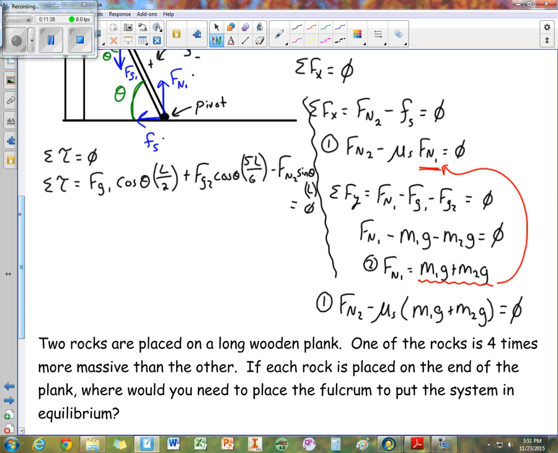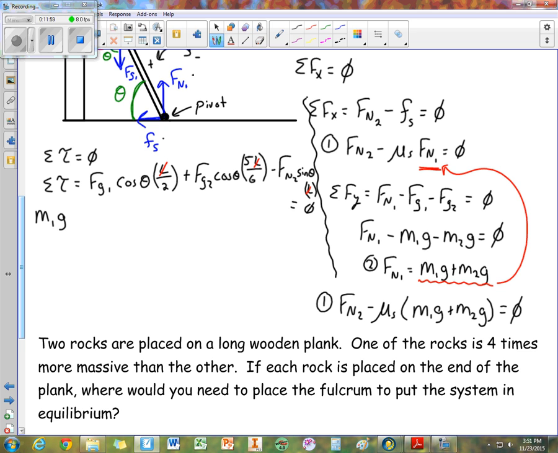Okay, well, looking at that then, we can replace Fgs with mgs. Also, I hope you noticed that the L's will cancel out. We could factor out an L and divide it over, so that would be 0. So here's what we're left with.